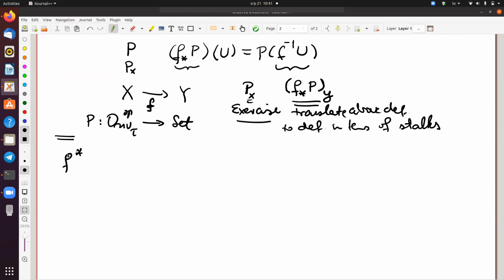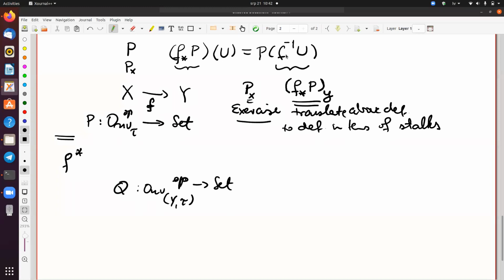But let's see why I can't take the same thing, but for F. So why wouldn't I say that if I have Q a pre-sheaf over the topology tau of Y, so here I write that it's Y and some topology opposite to sets, I can do the same construction with F?